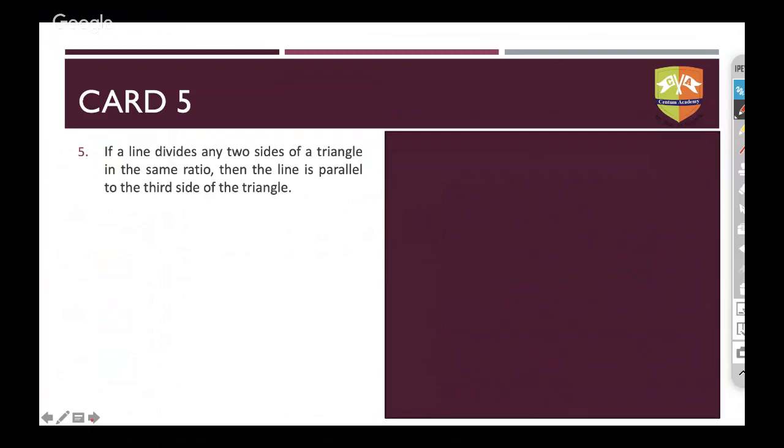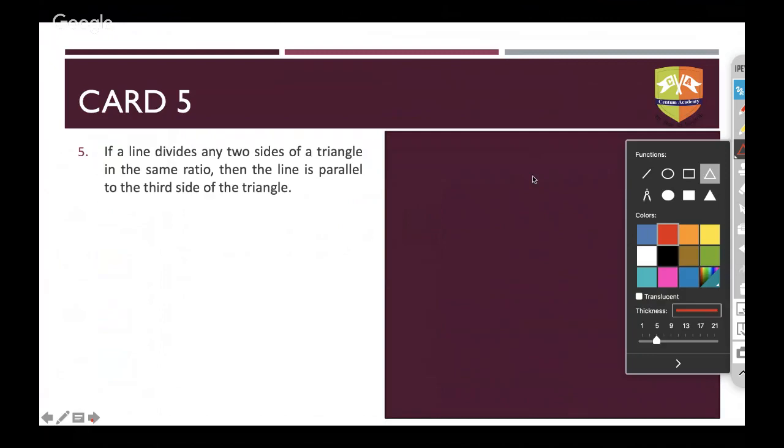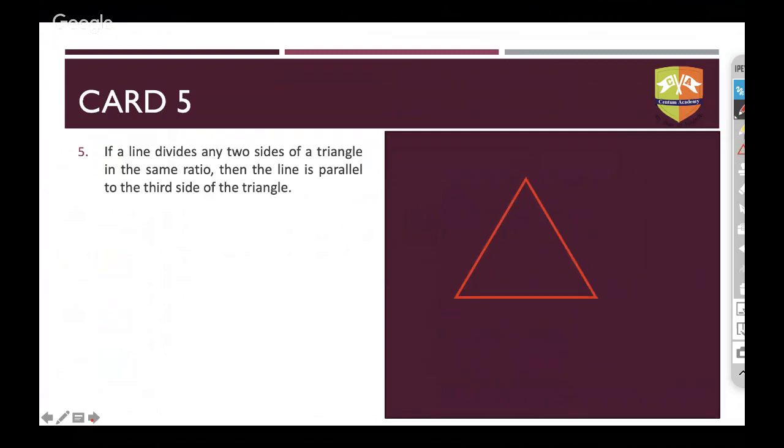So if we have a triangle ABC and a line which divides the sides in such a way that AD upon DB is equal to AE upon EC, then we declare that DE is parallel to BC.